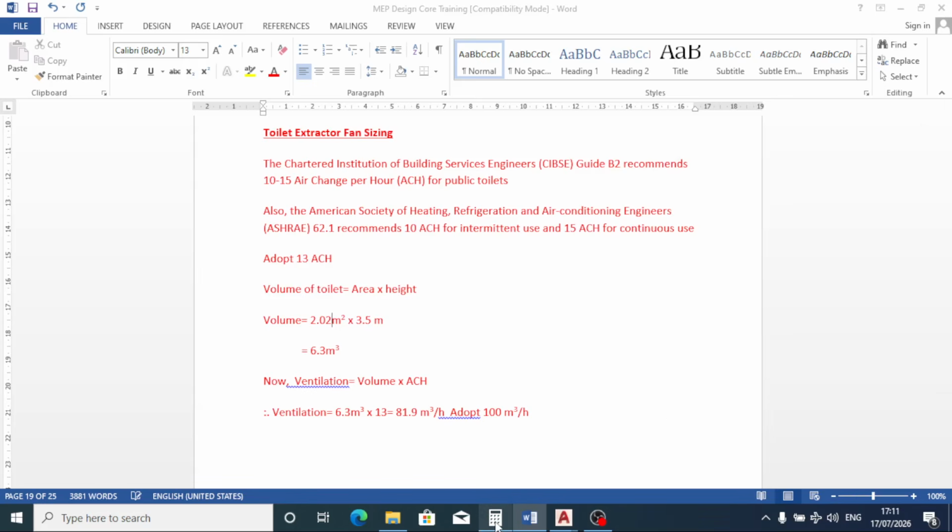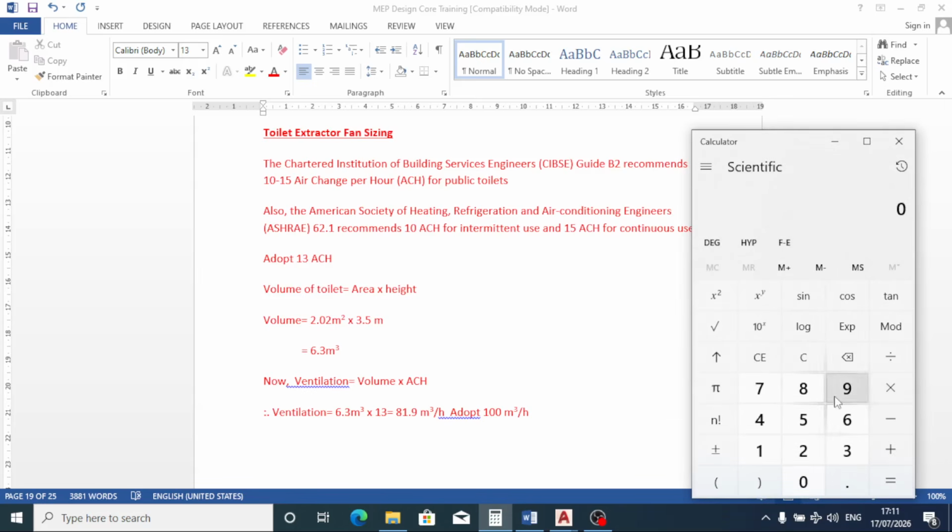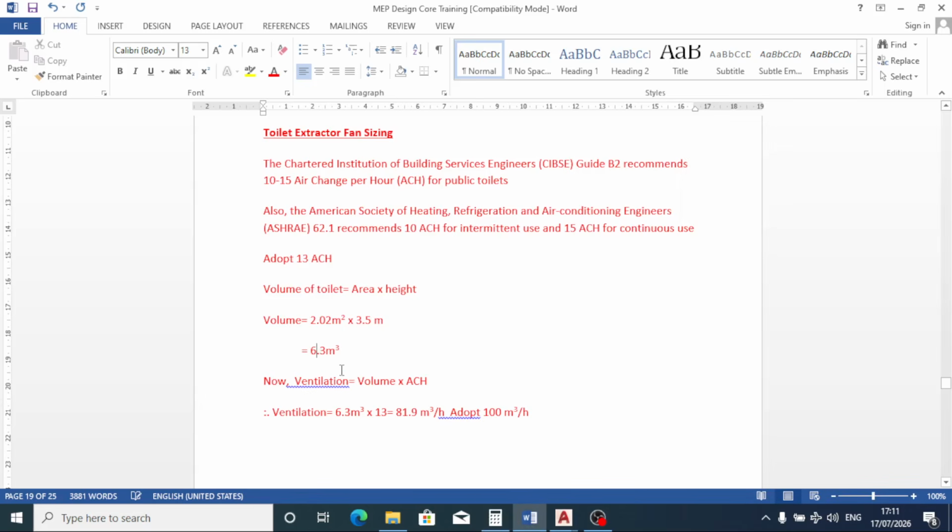So now the volume of this toilet is 7.07 meter cube.